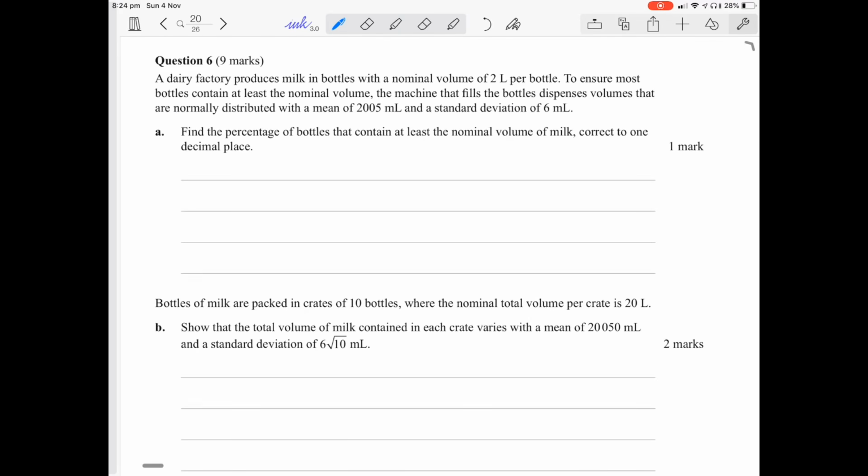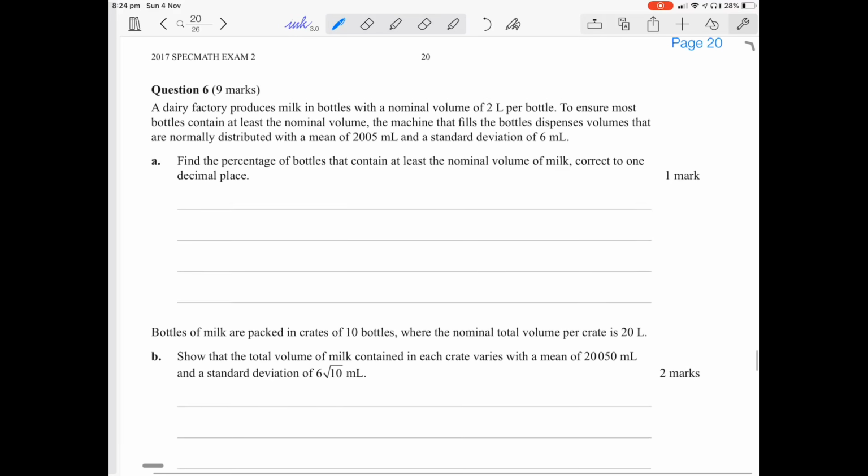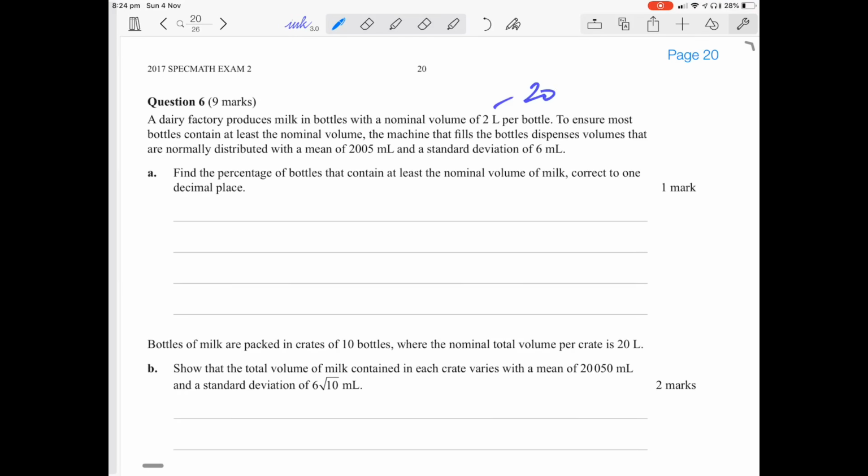Okay, a dairy factory produces milk in bottles and nominal value of 2,000 milliliters. Okay, they're trying to confuse us here. To ensure the bottles contain at least nominal value, the machine fills the bottles dispensers normally 2005 and a standard. Find the percentage of bottles that contain at least the nominal value of milk, correct to 1 decimal place. Nominal value.